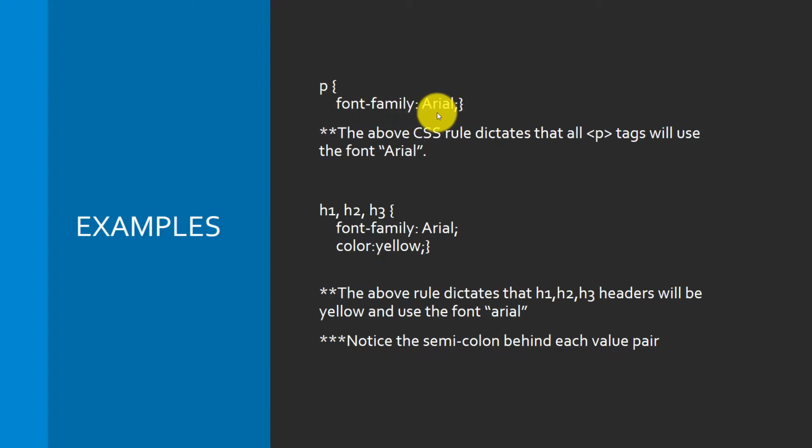So this property could be Arial, or the specific color, or the specific size in pixels, or a URL reference. Again, we're going to go over all these different things, but each one ends in a semicolon and is in between the curly brackets.